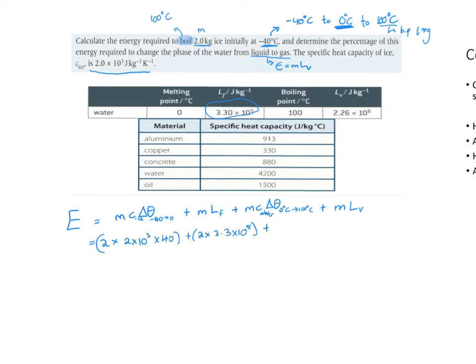plus we go to this expression now, 2 times the specific heat capacity of water, which is 4,200, times the change in temperature, so we're going from 0 to 100, that's 100, plus 2 times the specific latent heat of vaporization, which is 2.26 times 10 to the 6.